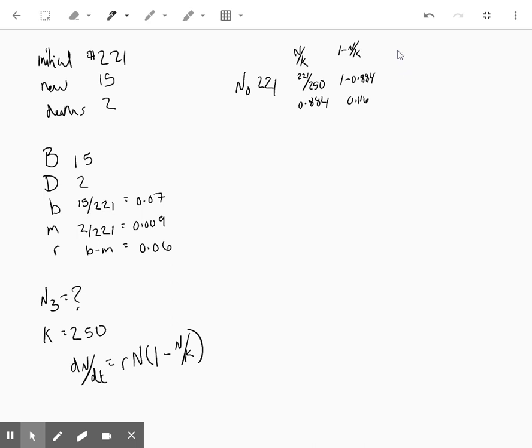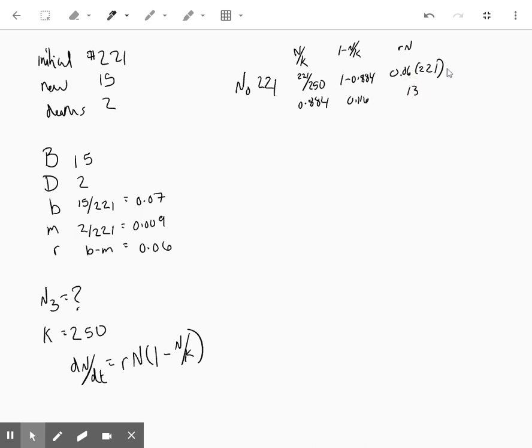Then I'll solve for r times n. So r from our table is 0.06, and then n, in this case, is 221. All right, and then r times n would be equal to 13 here.